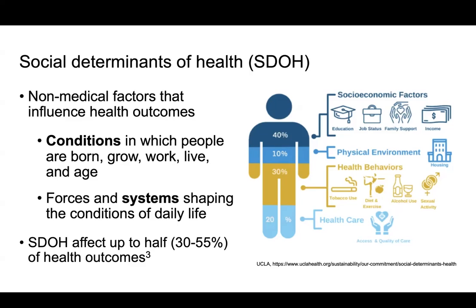These factors are really important because social determinants of health affect up to half of our health outcomes. You can see in this graphic that when we combine several of these social determinants of health that we'll talk about, they often account for more of the relationship in outcomes than some of these health behaviors.